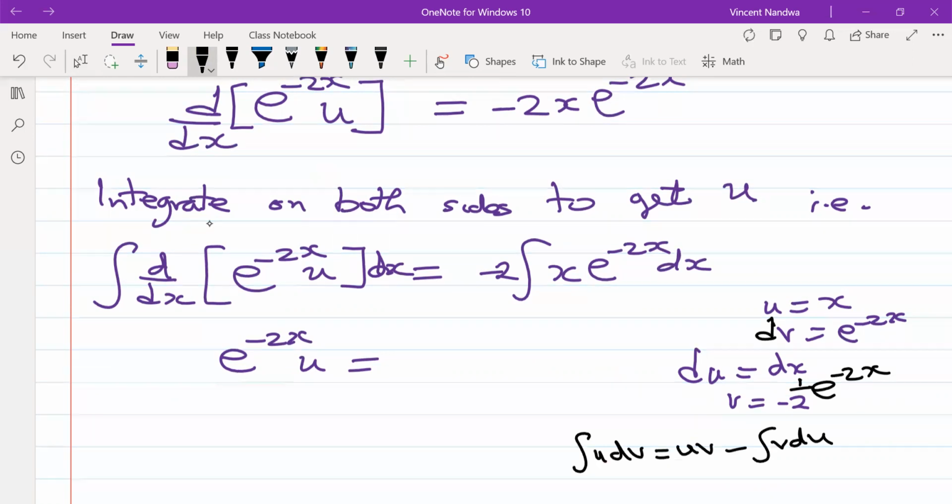So uv, u is x, v is this, so we have minus a half x e power minus 2x minus integral of v du. So this minus, make this plus a half e power minus 2x dx.